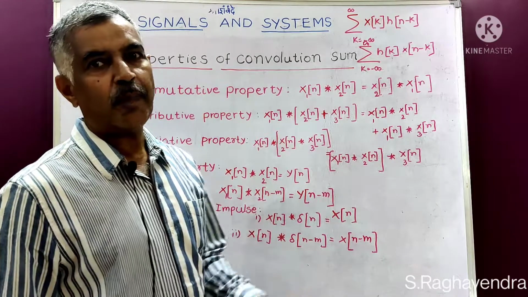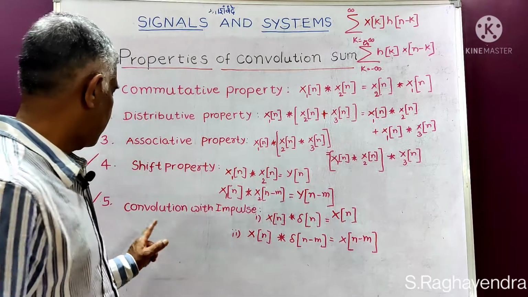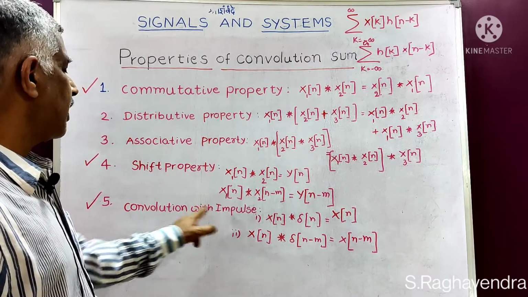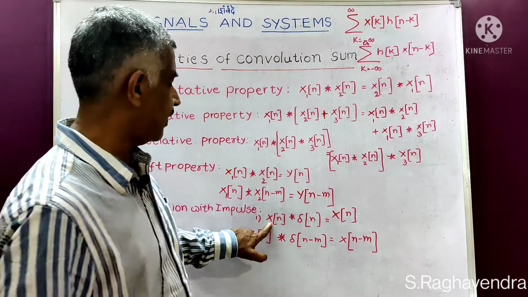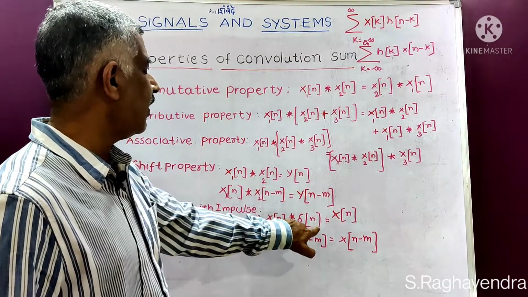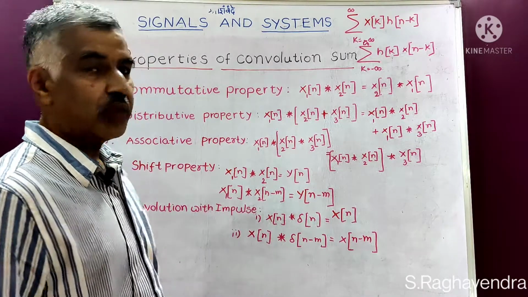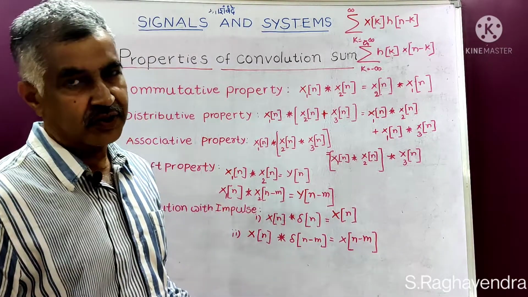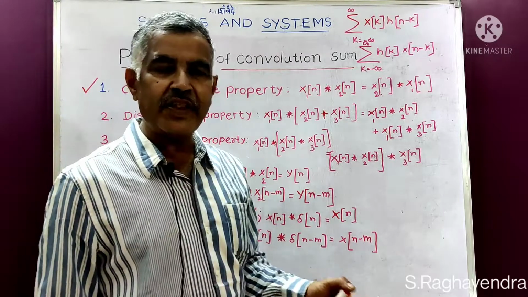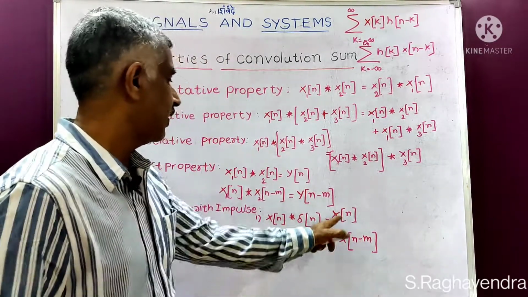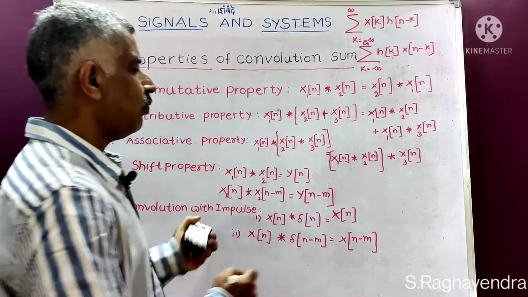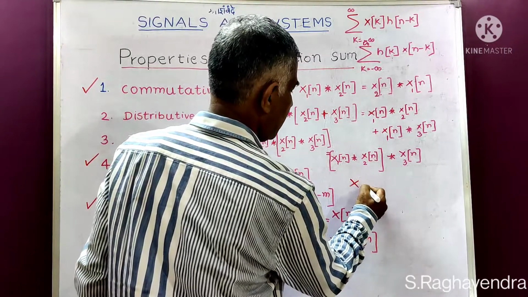The last property, a very important one, is convolution with an impulse. Suppose you are given a discrete signal x of n convolving with delta of n. Any sequence, any signal convolving with the impulse function is the function itself. That is, in logic design we have x plus 0.